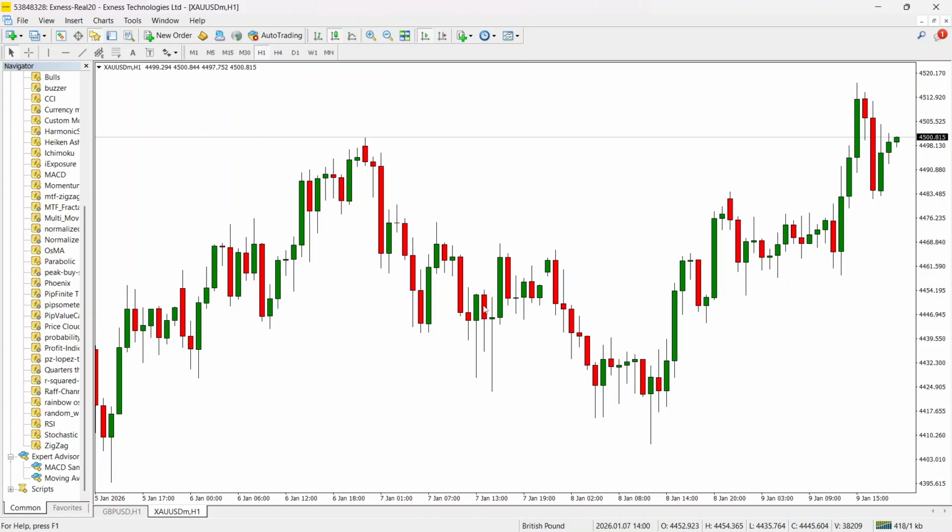The R-squared indicator measures the correlation between actual price data and a linear regression line drawn through prices over a specific period, producing a value that ranges from 0 to 1.